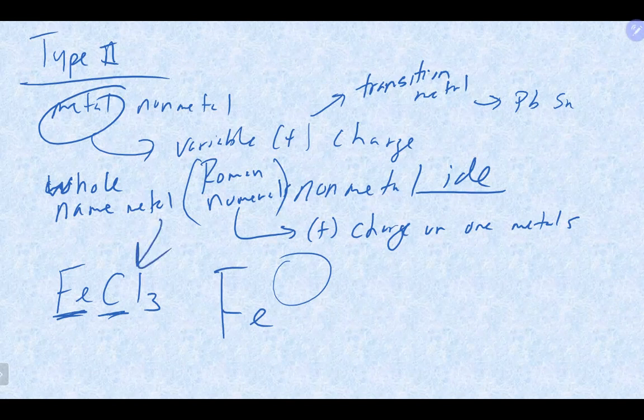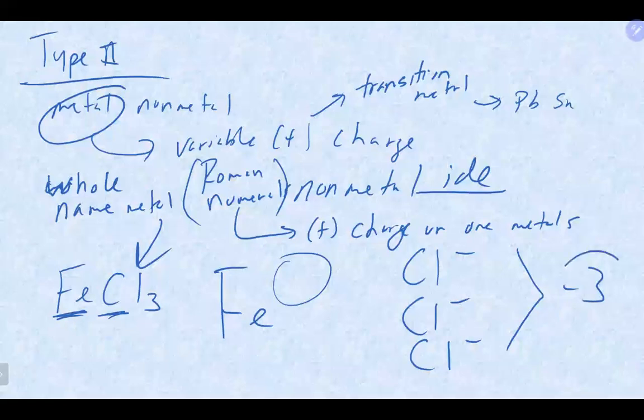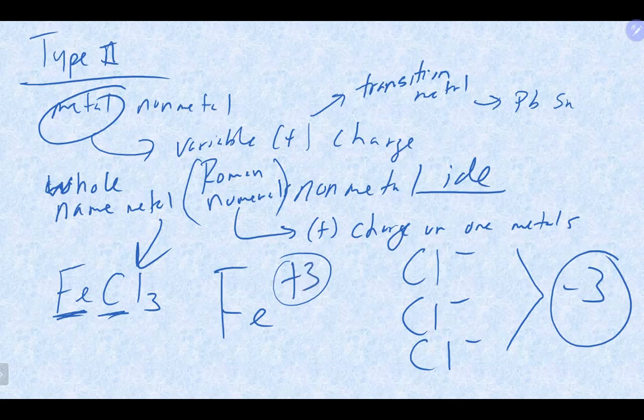So Cl is group 7, which means it has a -1 charge. And frankly, there are 3 of them. Gives you a -3 overall charge. So to balance it out to 0 there, our iron is 3 charge in this case. And that just gets incorporated into the name.